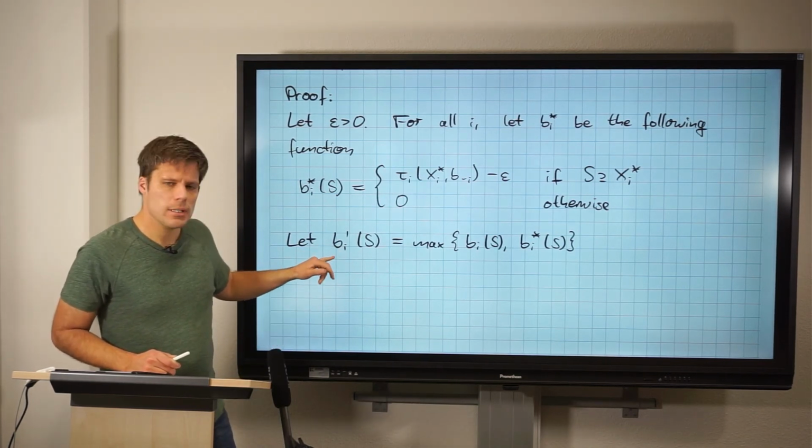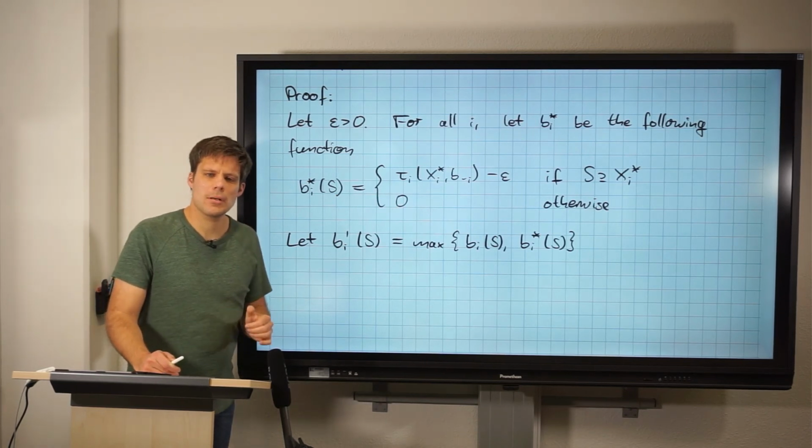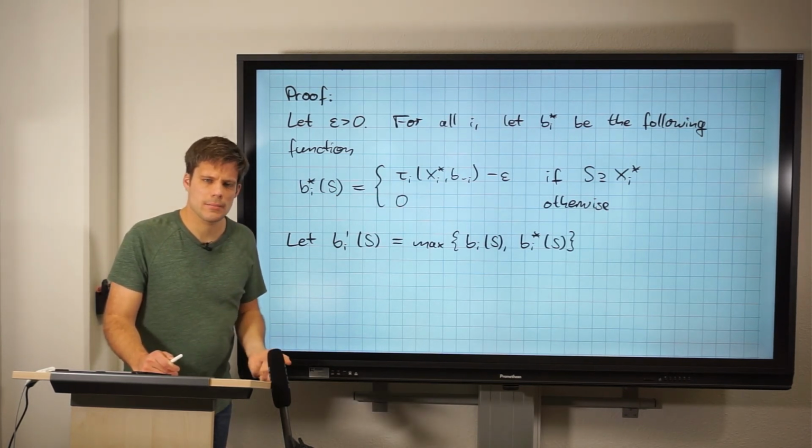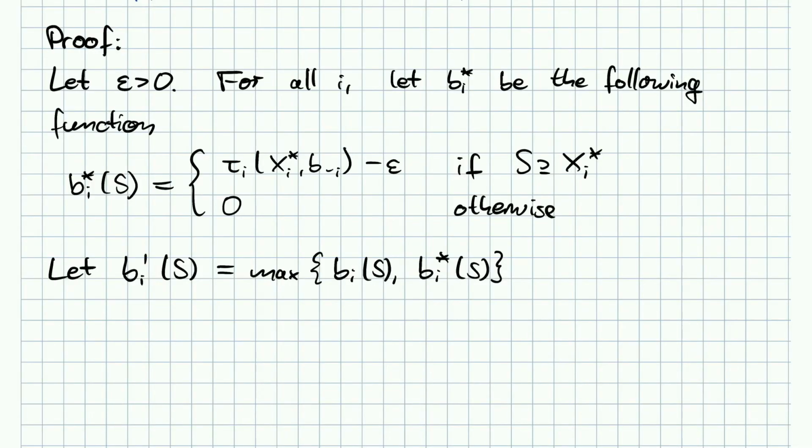So even if you bid now b_i prime, nothing actually changes. So what we have formally is that f of b will be equal to f of b prime.